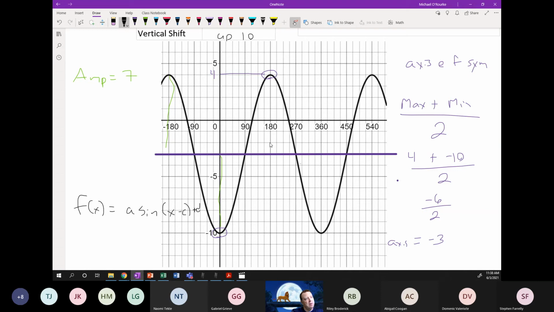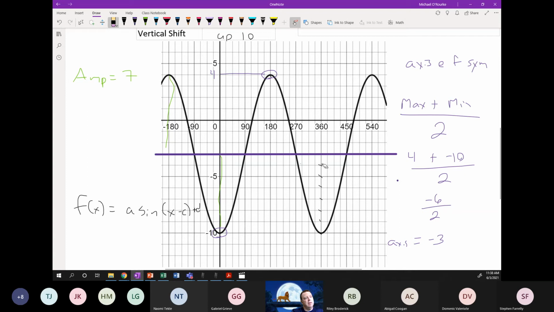So if we count all these, 1, 2, 3, 4, 5, 6, 7. 7 up, and 1, 2, 3, 4, 5, 6, 7 down. Does that make sense, Abigail? We count from the line of symmetry, the axis of symmetry, up and down. Oh, that's no problem.